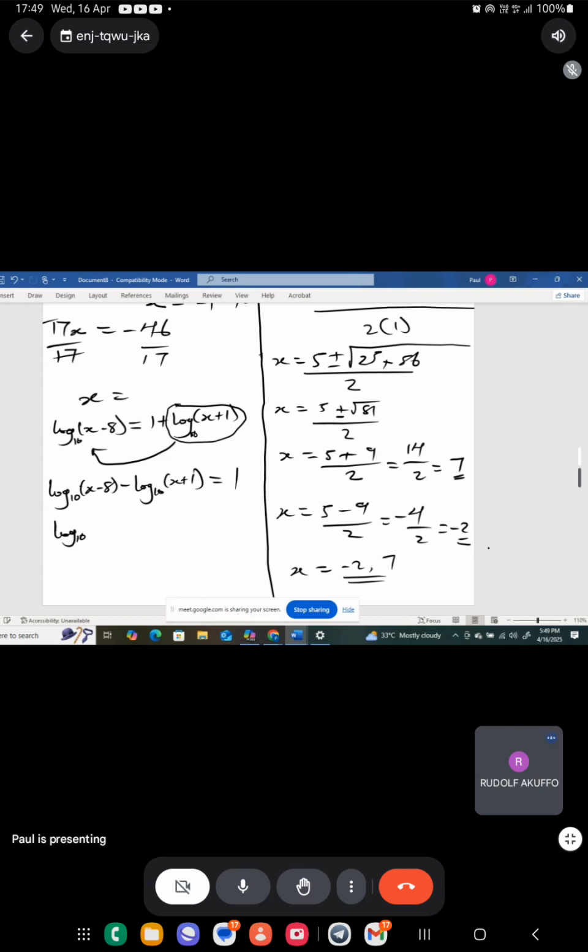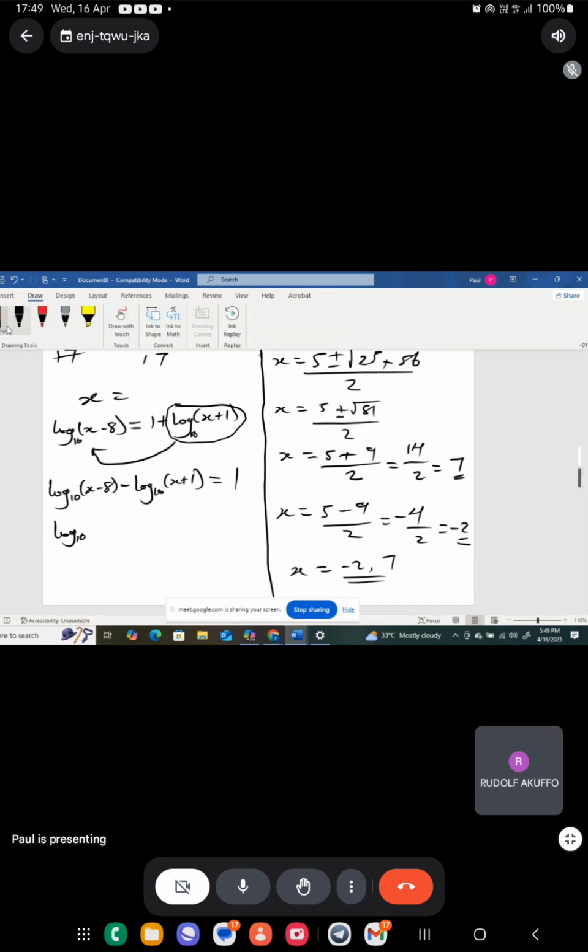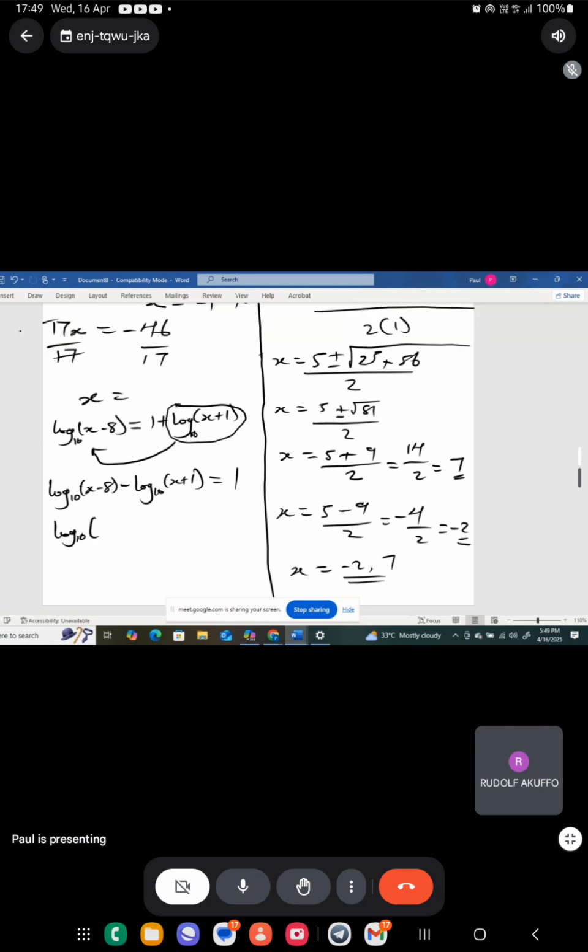Divide. Good. You see, you are getting it. So x minus 8 divided by x plus 1 being equal to 1.